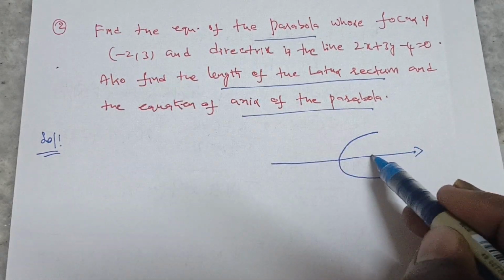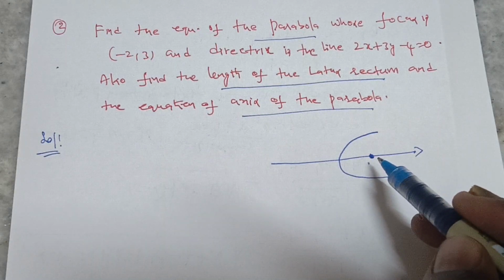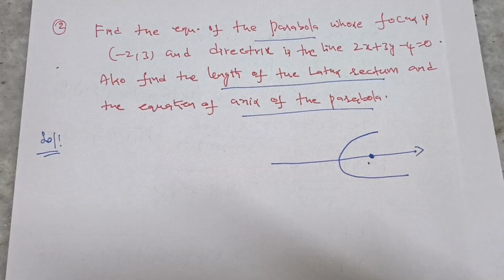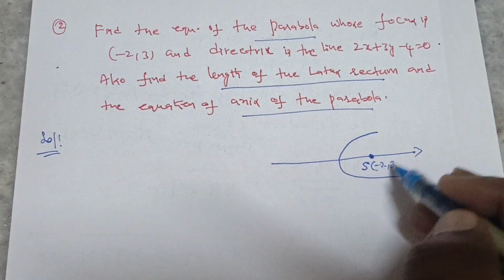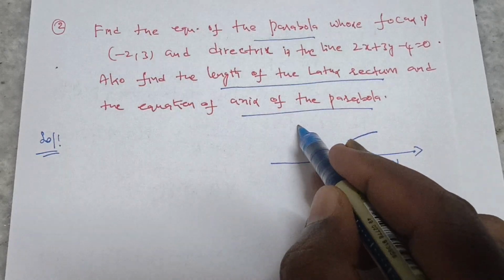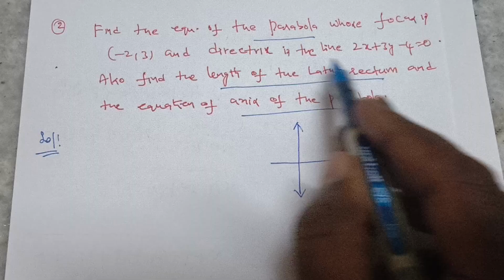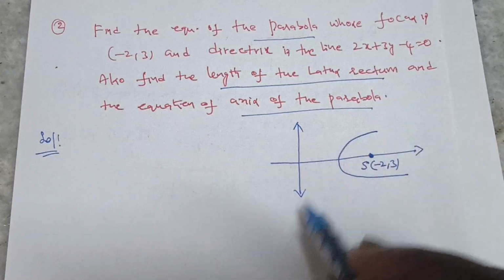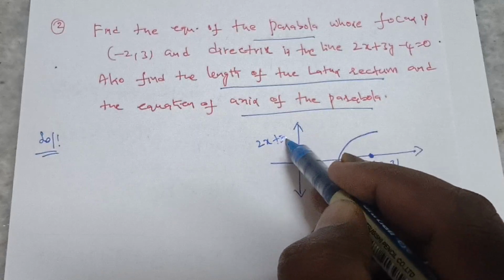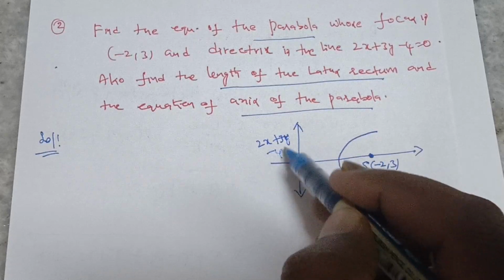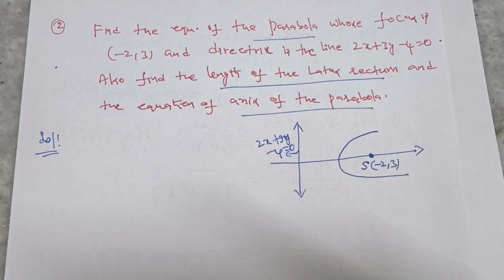Here the given focus, we assume the focus as S, that is (-2, 3), and this is the directrix. The directrix line is given, that is 2x + 3y - 4 = 0.